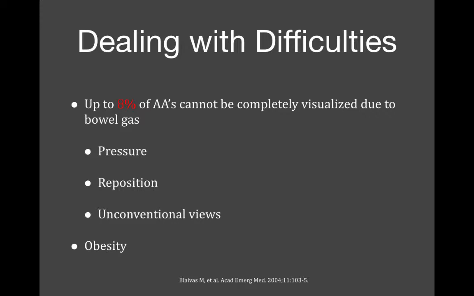So this is number one. Number one way to try to get bowel gas out of the way is to gently push it out of the way. You can also reposition the patient, have them roll, see if gravity will help us move bowel gas around and allow us to hone down on that abdominal aorta.